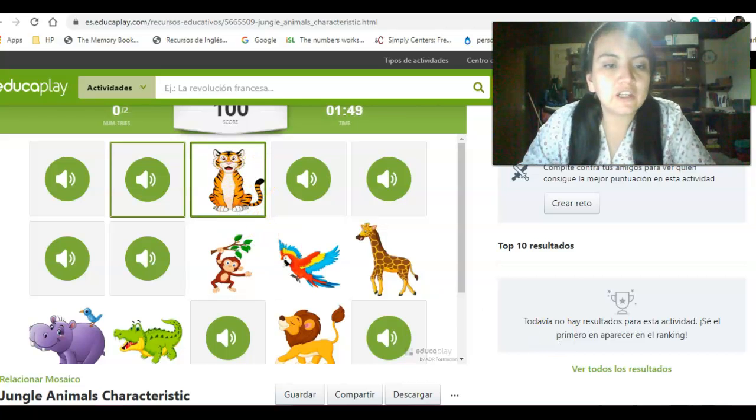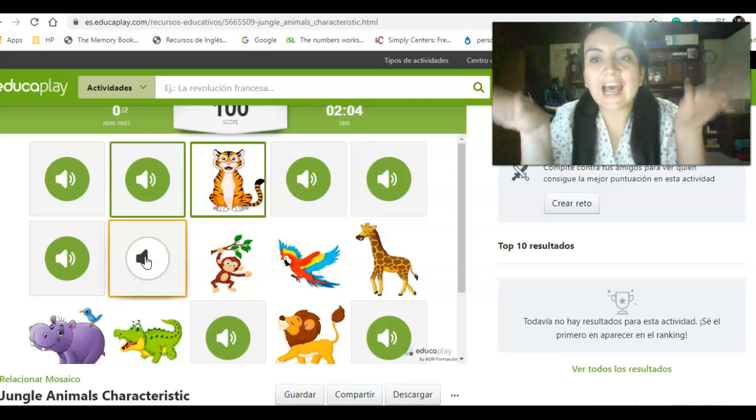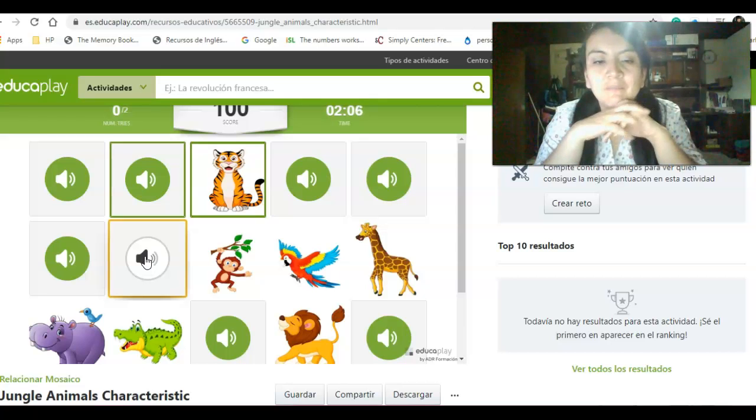The next partner. So remember the square first, cuadro primero, and then the circle. This animal is small. It can fly. And it is blue, red, and yellow.